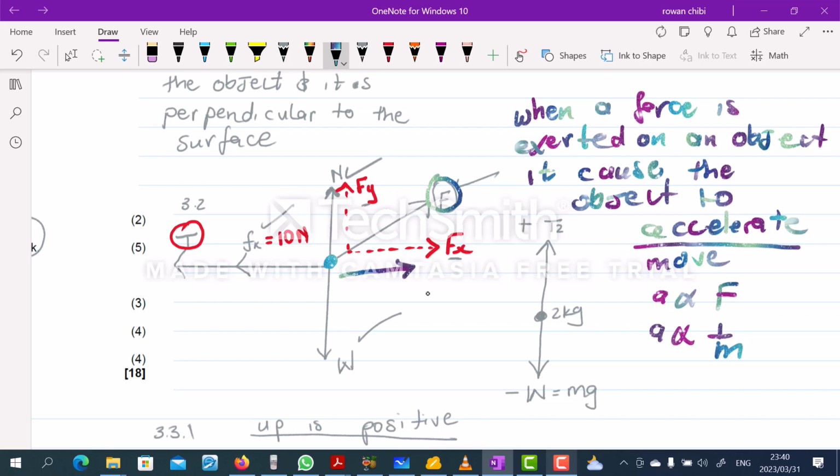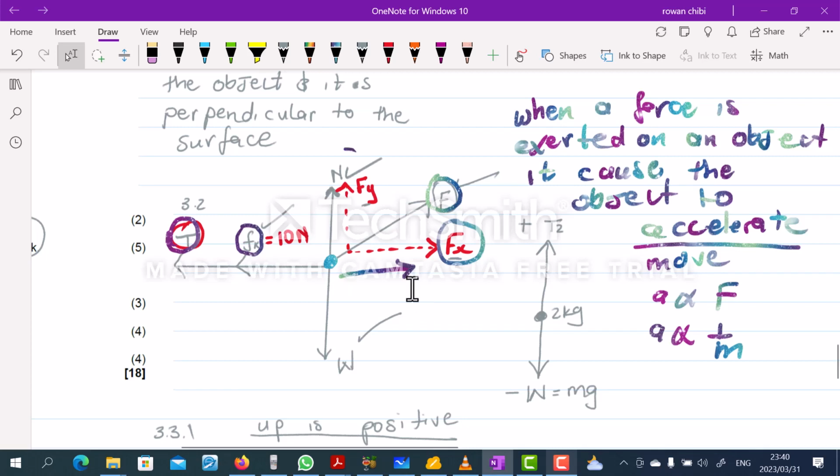Now when the force is moving, the only forces that are causing this object to move are the horizontal forces. It is this one, and that one. F of x is causing it to move forward, but the friction is opposing that motion and the tension is opposing that motion.